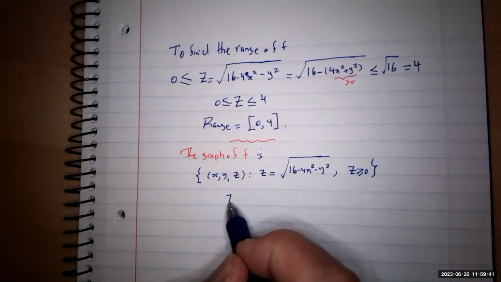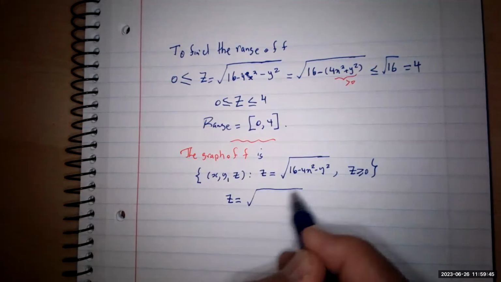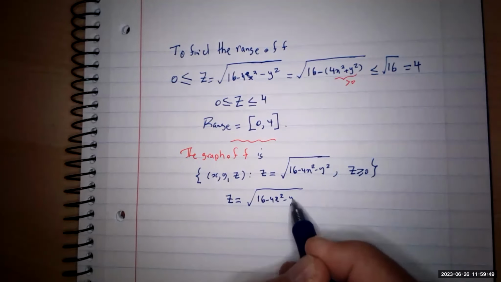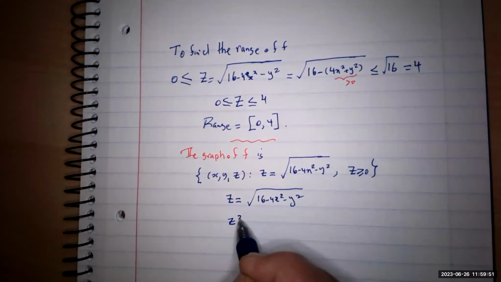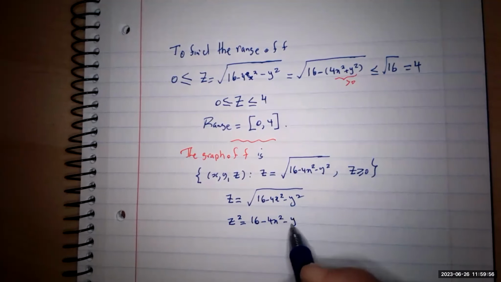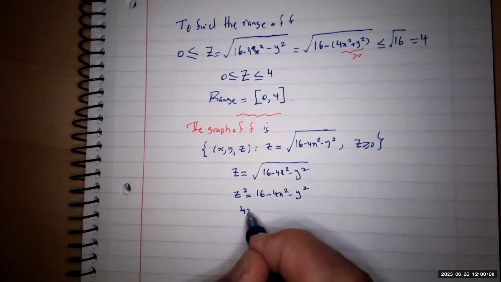Okay, so for example, in this case, again, you start with the z. You do whatever we did for the first part. To get the description, z squared, you square it: 16 minus 4x squared minus y squared. Again, you move everything to one side.